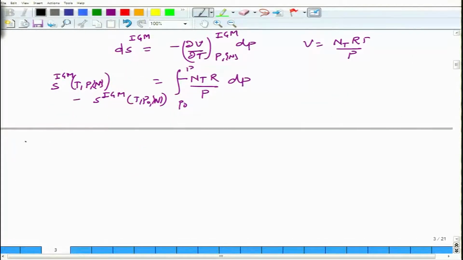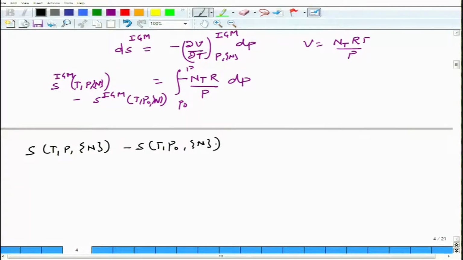So, I can now replace this. My left hand side expression is still S(T,P,n) minus S(T,P0,n).